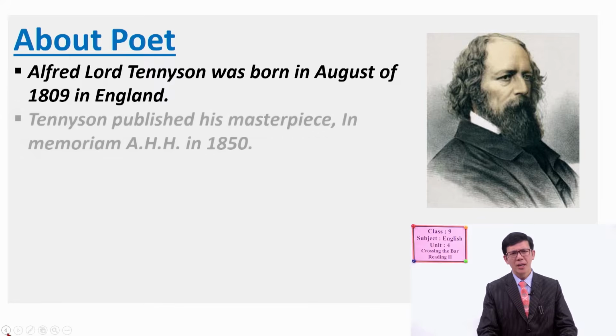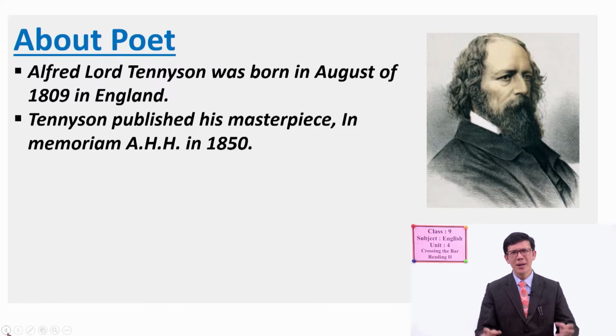Very good. And what about his literary works? Students, Tennyson published his masterpiece, In Memoriam, in 1850, for one of his beloved friends, okay? So he wrote this famous literary work. He published this one.